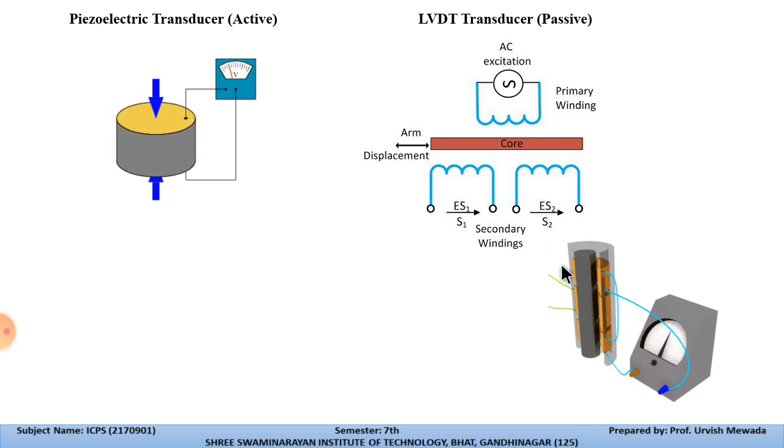So by this principle we can measure the physical quantity, means displacement, in terms of voltage. These are the animations of active and passive transducers, from which you can understand the principle of active and passive transducers.